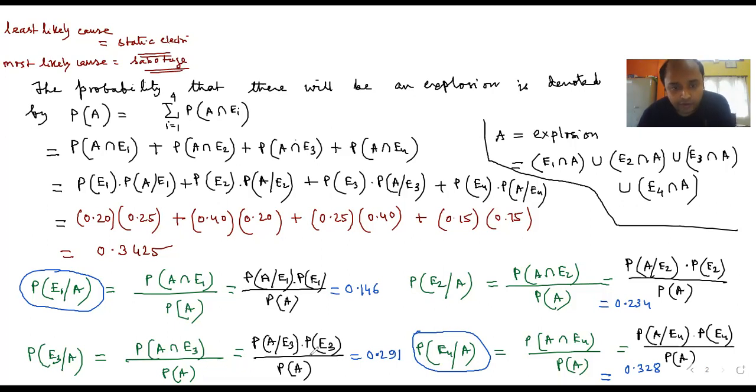According to your calculation, this is the least likely cause and this is the most likely cause. What was the answer? Let us stop the share and go back to the PDF file.